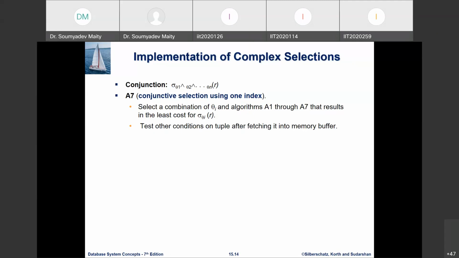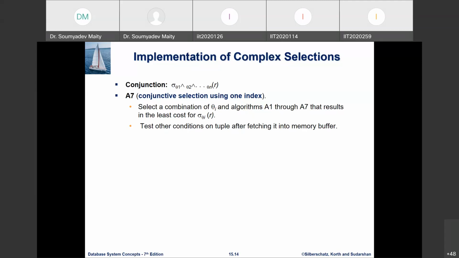Maybe an equality check on a key attribute, an inequality check on a key attribute, an equality check on a non-key attribute, etc. And on the attribute on which you are applying the condition, there may exist no index, there may be a primary index, there may be a secondary index. But you have to calculate the result of applying all the conditions together, meaning the conjunction, on a given relation.